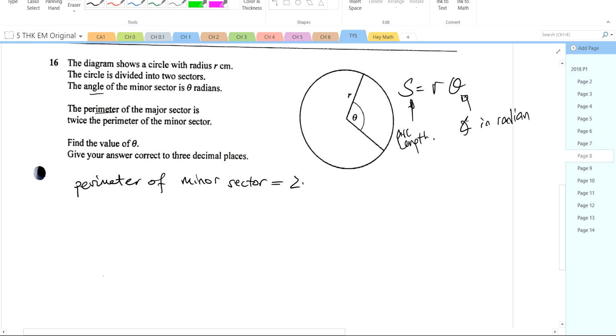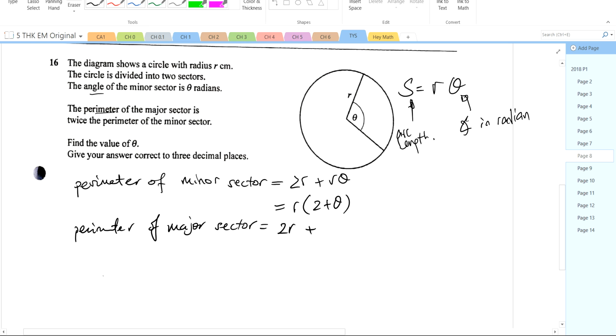Okay, 2r plus r theta. All okay? If you want to factorize, you can. So it's r times 2 plus theta. Next, perimeter of major sector is equals to, again, 2r plus, now this time what is the arc length of the major sector?